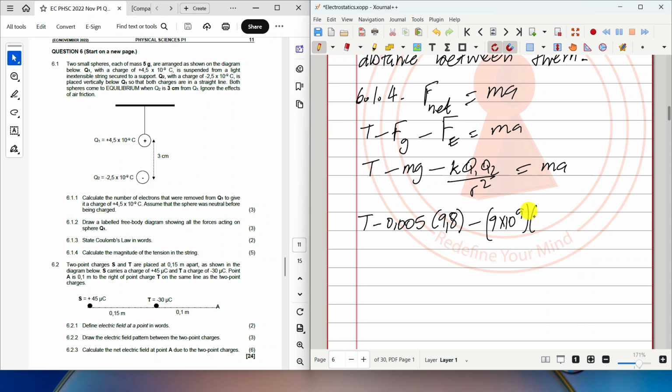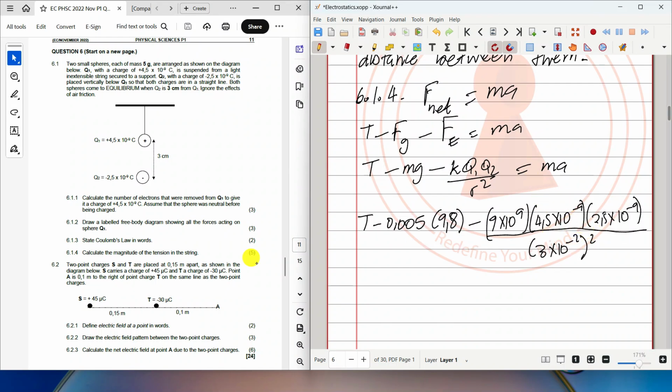The first charge was 4.5 times 10 to the negative 9. The second was 2.5 times 10 to the negative 9, over, what is the distance between them? 3 centimeters. So centi means 10 to the negative 2. Otherwise, you can divide by 100, which is 0.03, whichever you like, okay?